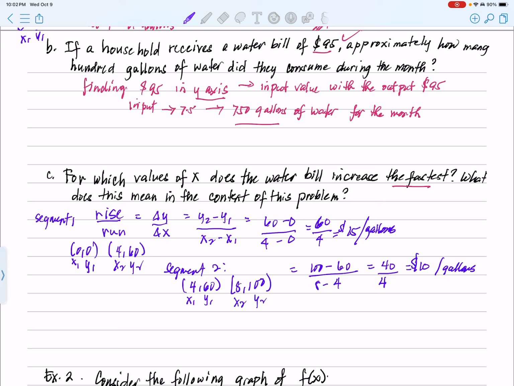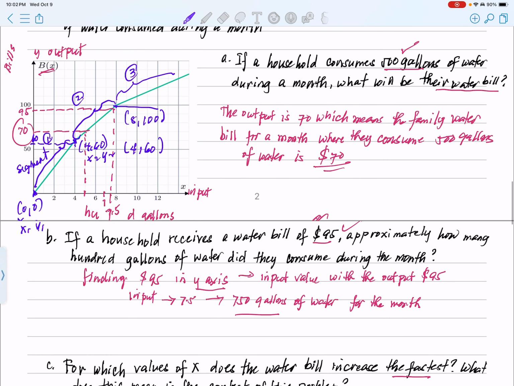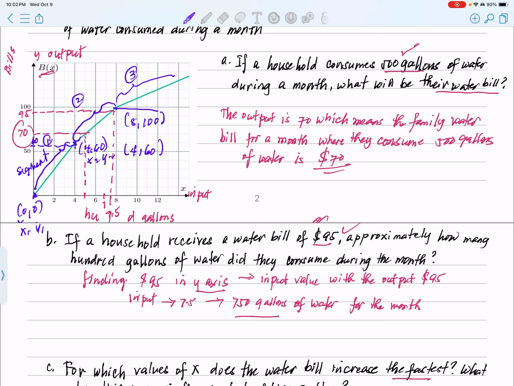For segment number 3, the last one, what is our coordinate here? This is 8, 100. Let's say this point right here, I will have it as 14 in x. Then we have, how much do you think? 130?